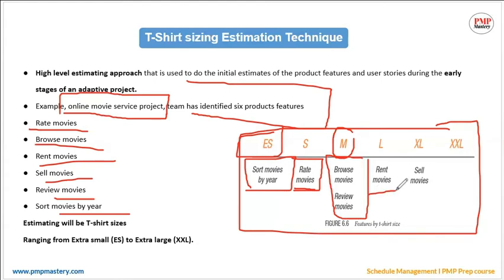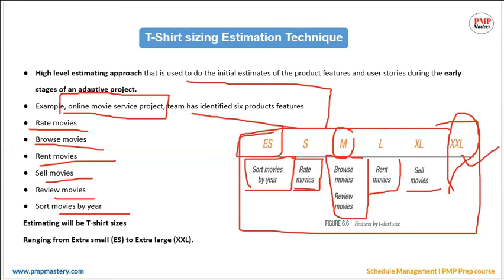Here you can see rent movies, which is under the category of large size, meaning the renting movies feature is a large-size feature. And here also you can see extra large, sale movies feature is an extra large feature. And there are no features under the category of extra extra large. Okay, so none of these features will require extra effort.